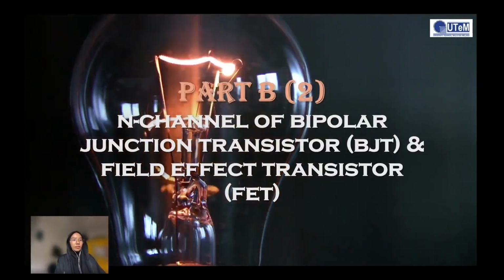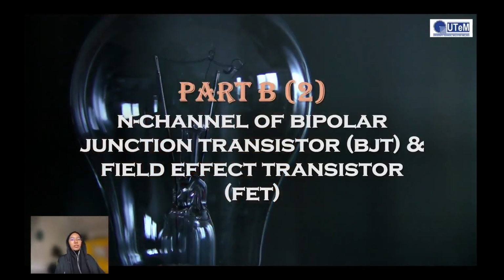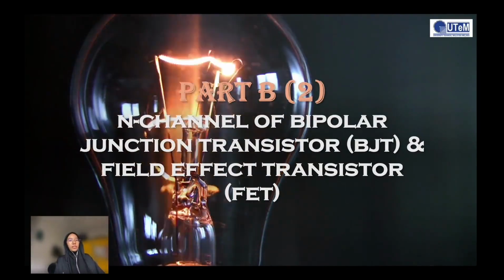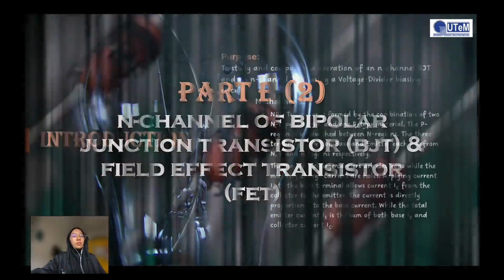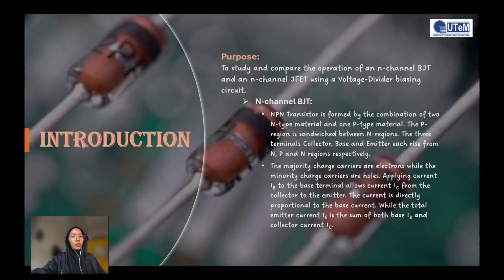Let's move to part B, number 2, which is N-channel bipolar junction transistor BJT and field effect transistor FET. So, the purpose is to study and compare the operation of N-channel BJT and N-channel JFET using voltage divider bias circuit.